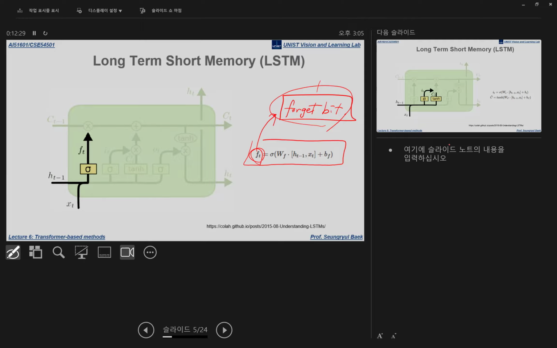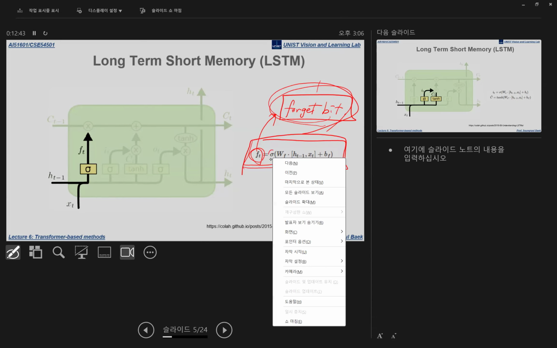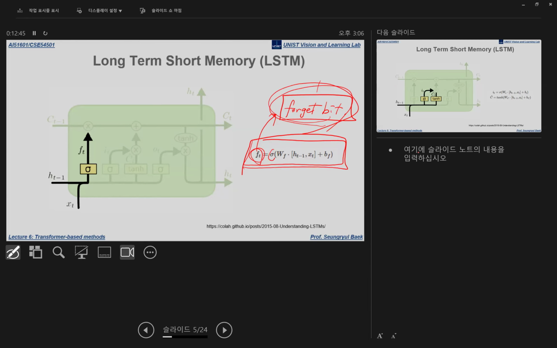So we are estimating this type of flag to retain or forget some of the information explicitly. Because there is a sigmoid at the last layer, they are basically applying the linear layer to the input and then applying the sigmoid, so their output values are bounded from 0 to 1.